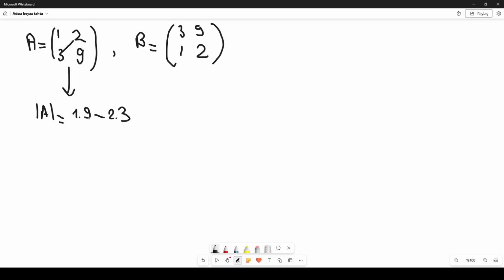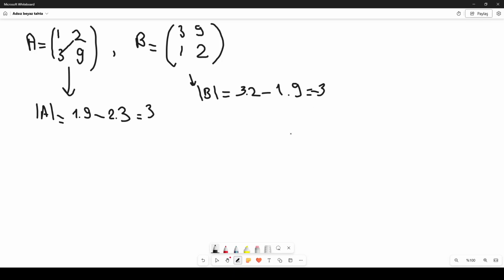So 9 minus 6 is equal to 3. And how about the determinant of B? To find the determinant of matrix B, we do the same thing. So 3 times 2 minus 1 times 9. So 6 minus 9 is equal to minus 3.